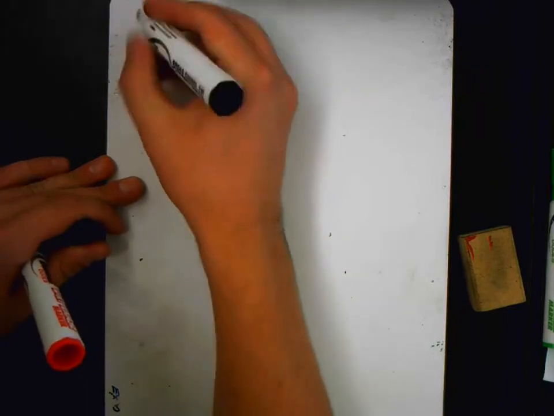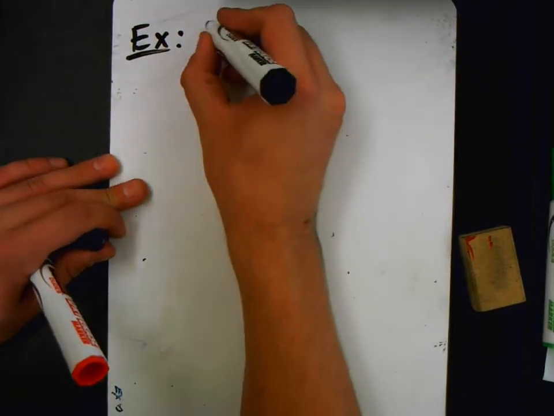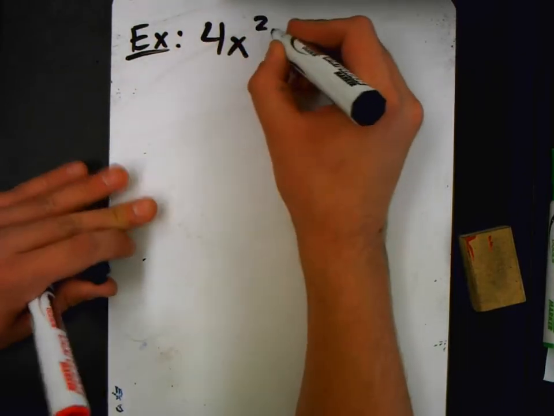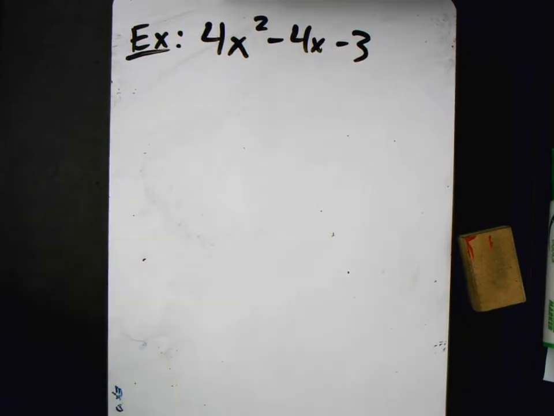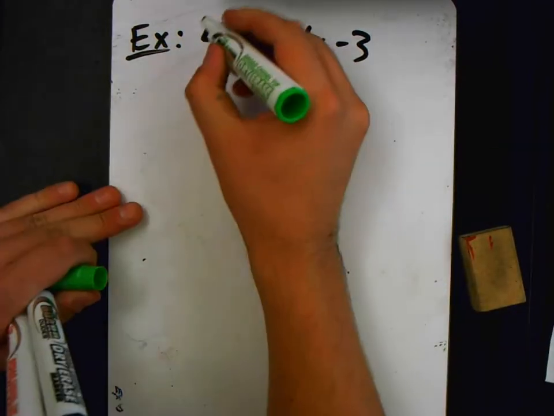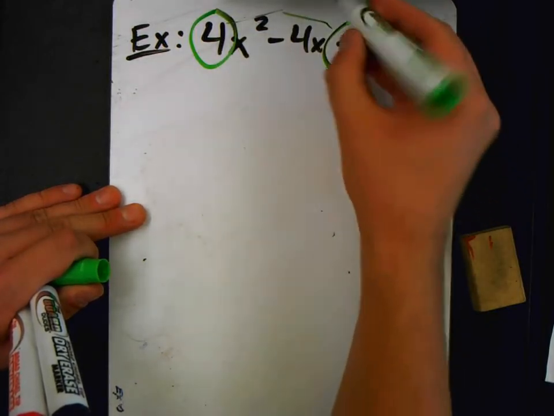The last example that I want to go over is if your first number is not a 1. This does increase the process just a little bit, but we will still get the correct answer. 4x squared minus 4x minus 3. We still want to multiply the two outside numbers together. 4 times negative 3, and we get negative 12.